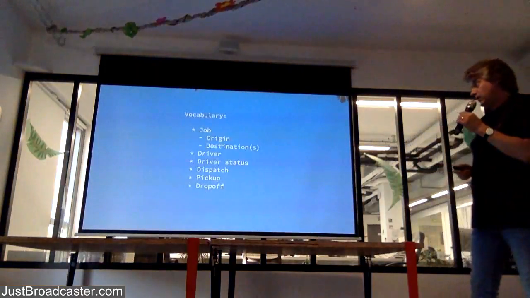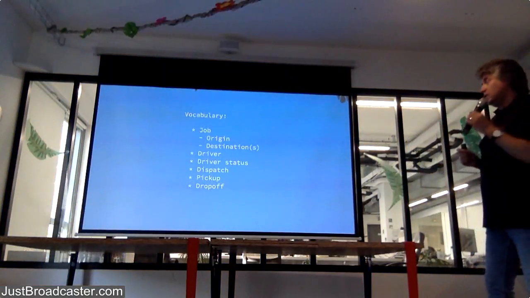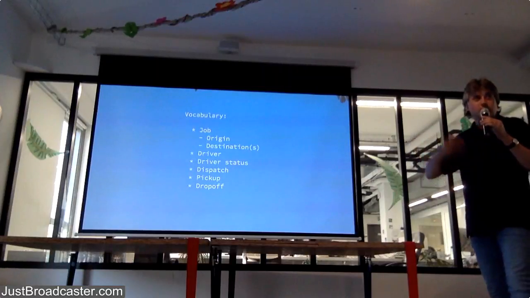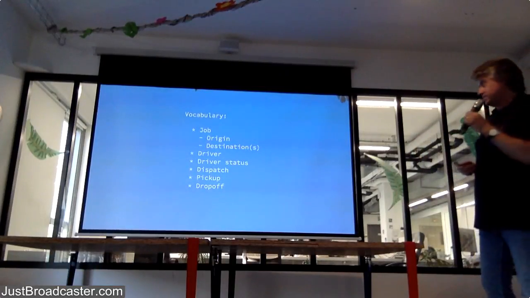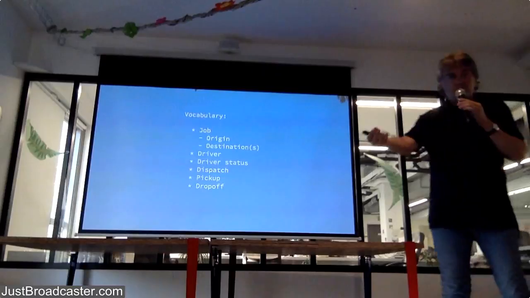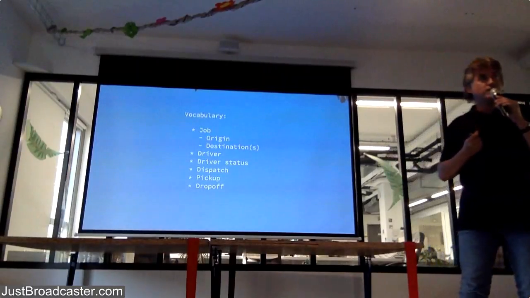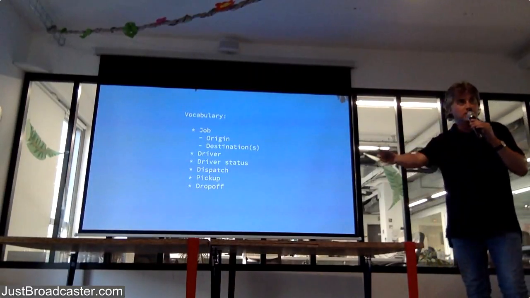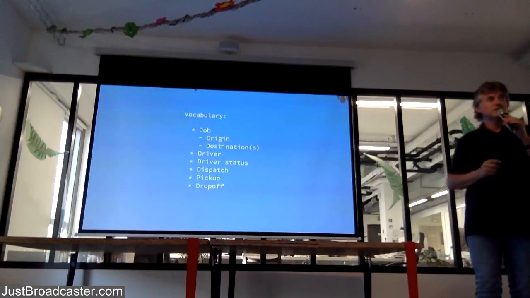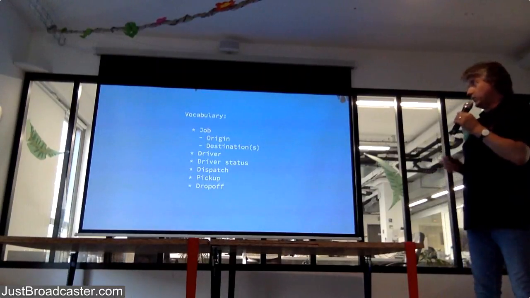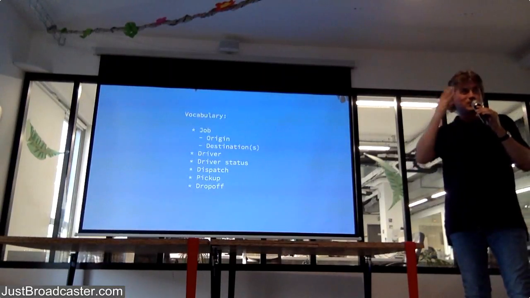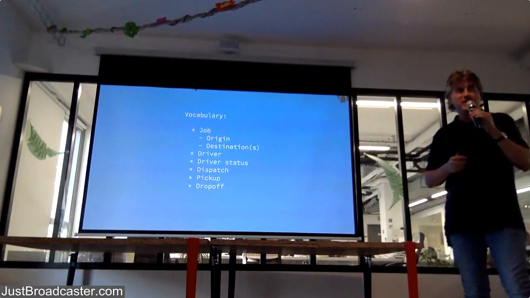That's dispatching. And the dispatch algorithm is the algorithm that does this. Pickup means picking up the package that you have to deliver, and drop off means leaving the thing at its destination. Okay, so we now have some jargon to be able to communicate better.